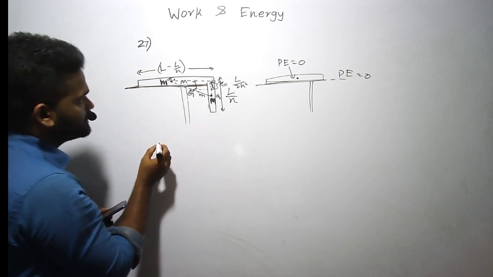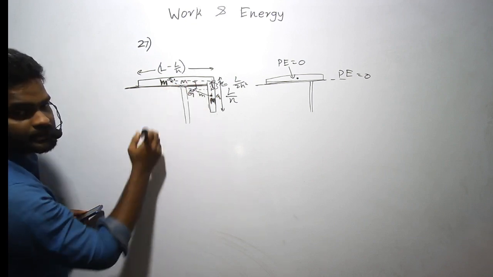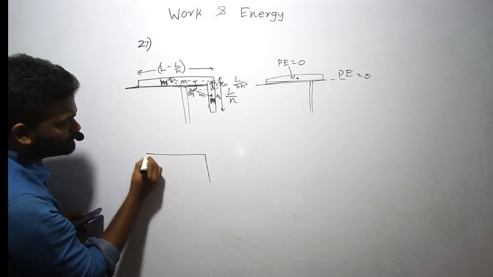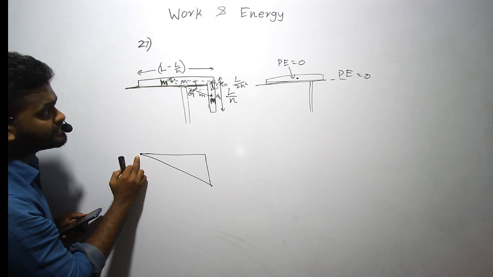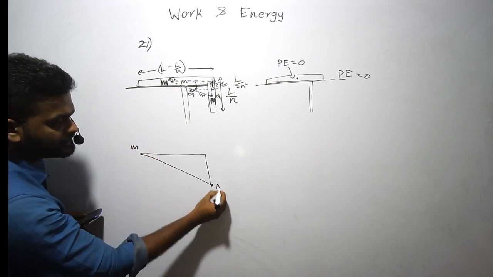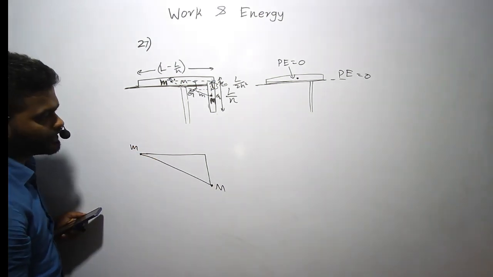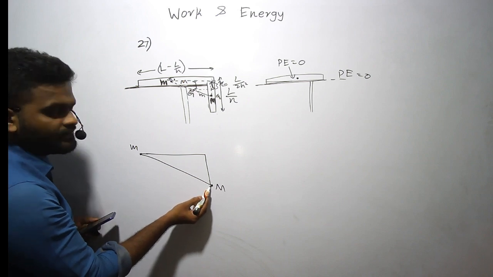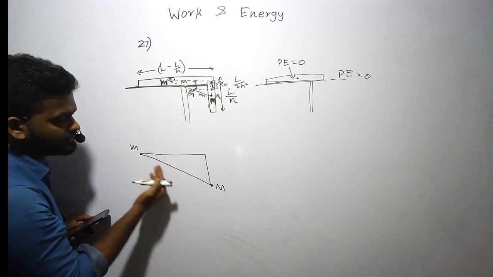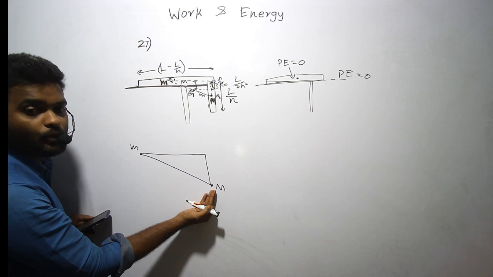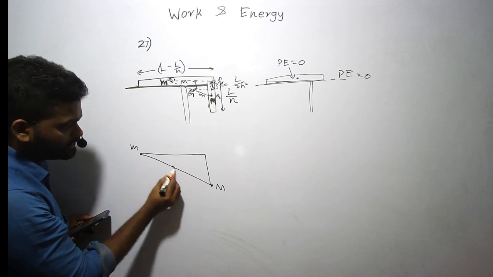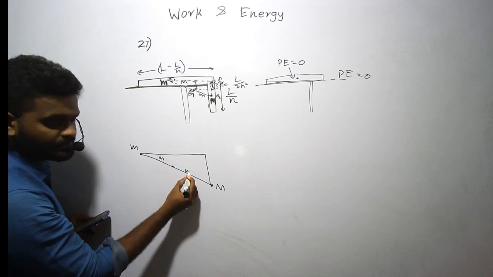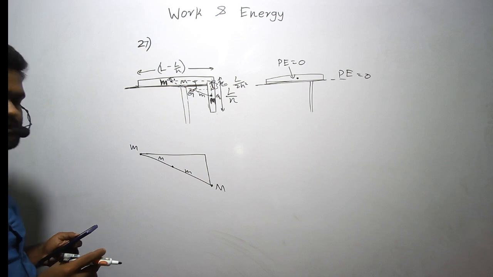Do you remember if I draw this triangle? This point has a mass simple M, and this point has a mass capital M. So this whole thing is reduced to two point masses, simple M and capital M. You know the ratio for the center of gravity should be capital M to simple M, inversely proportional.